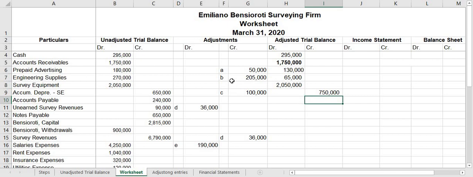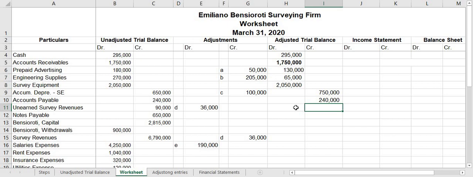Again, liabilities, the normal balance of which is credit. Okay? So, let's start off with accounts payable. So, yung accounts payable mo, as you can see, 240 yung unadjusted amount. Okay? Walang adjustment sa ating adjustment column, kaya copy mo lang.